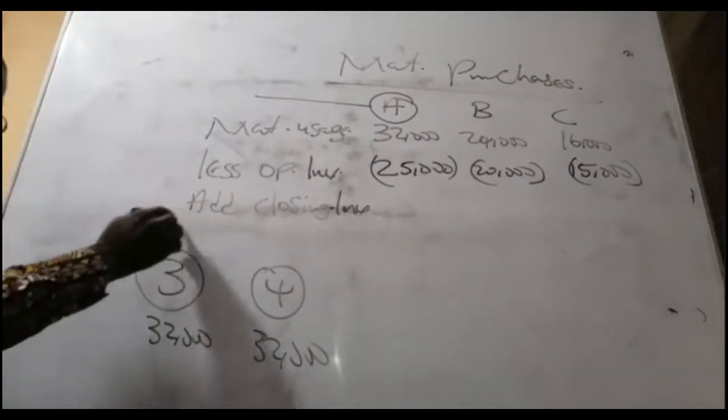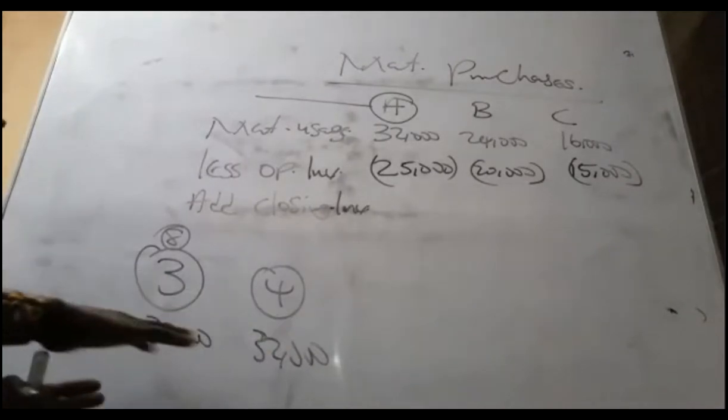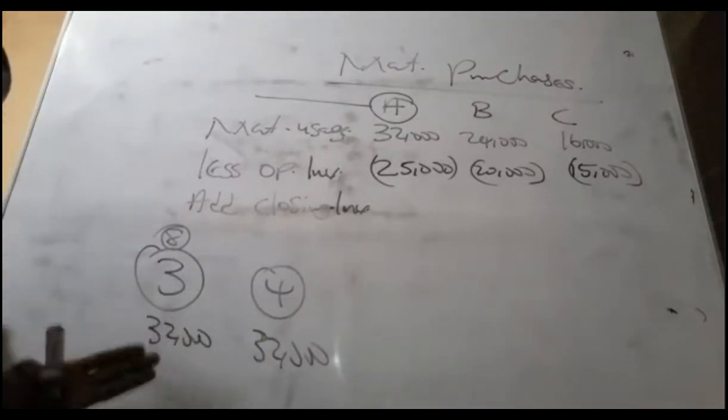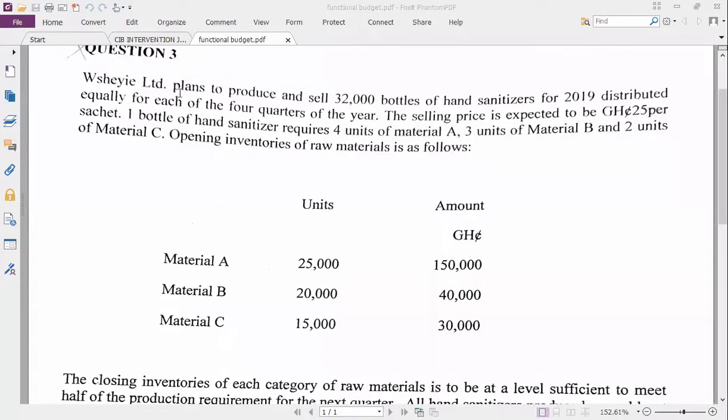That 8,000 that we use, we've assumed that every quarter is going to be the same for 2019. Washi Limited plans to produce and sell 32,000 bottles of hand sanitizer for 2019, distributed equally for each of the 4 quarters. So that means each quarter is the same.